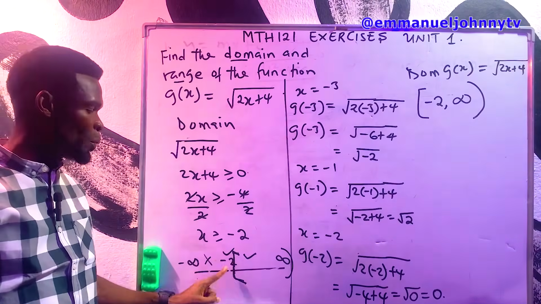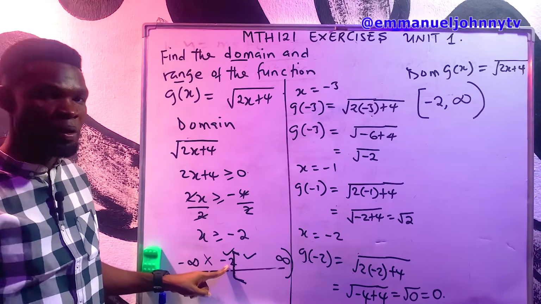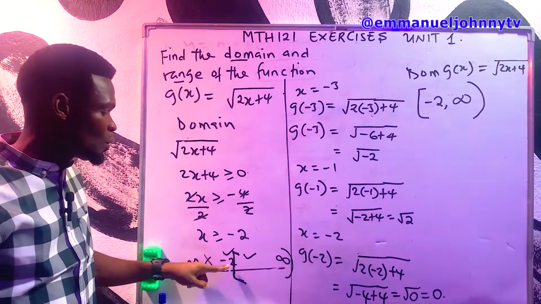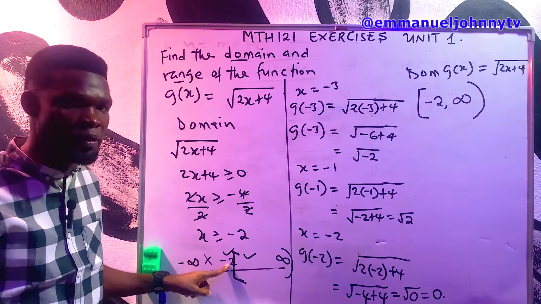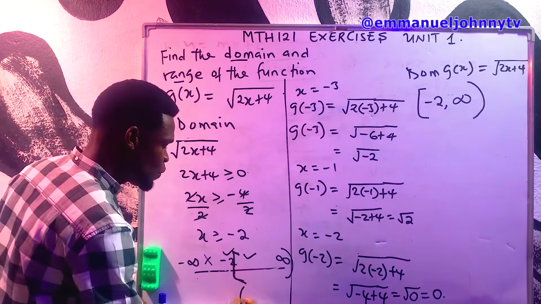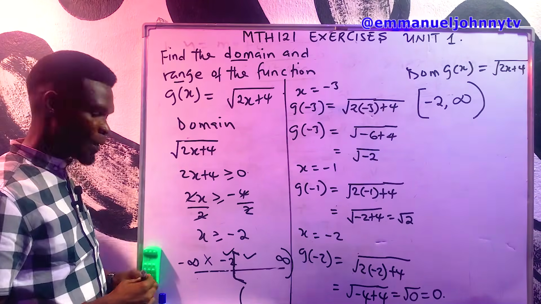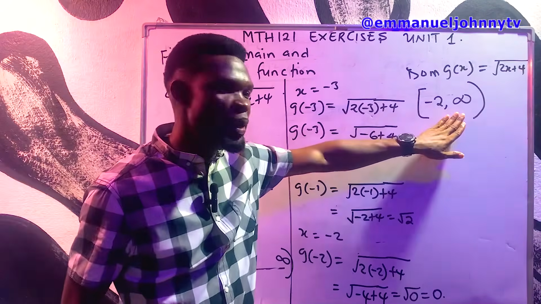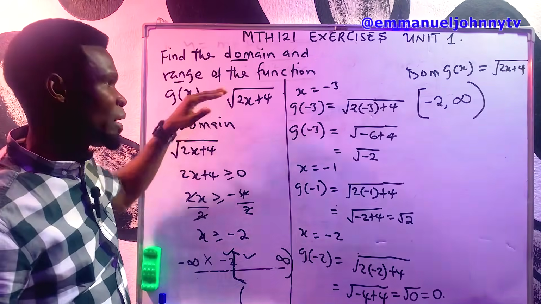Why do we use a square bracket? Because minus 2 is inclusive. But if it were not inclusive, then we would have used an open bracket like this. Okay, so this is the domain of this particular function.